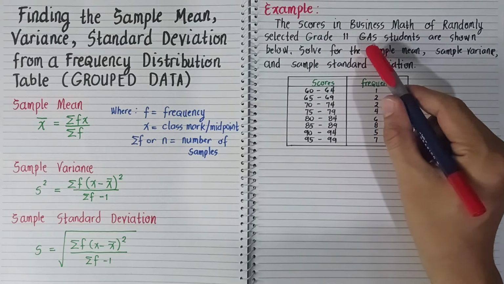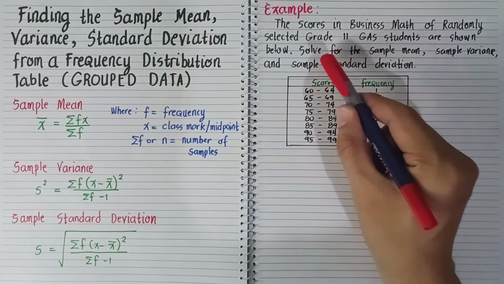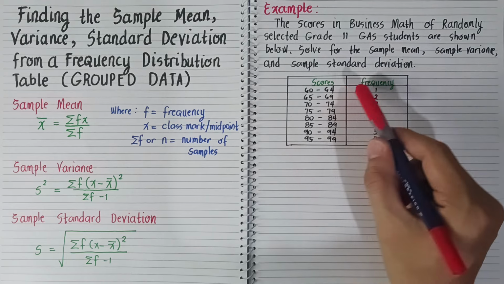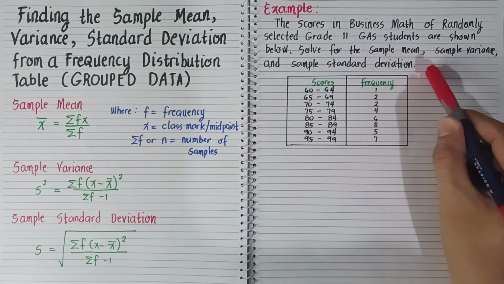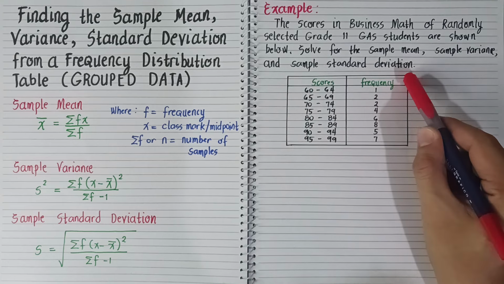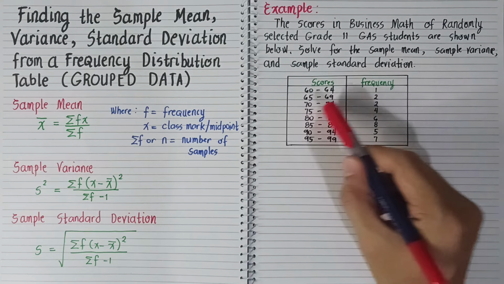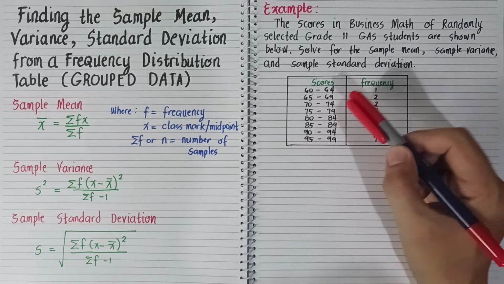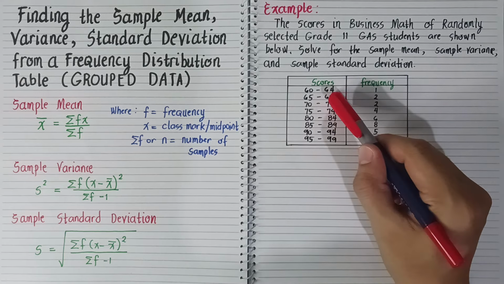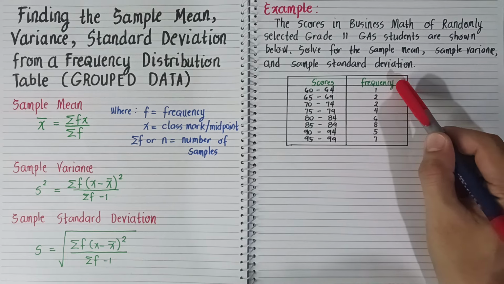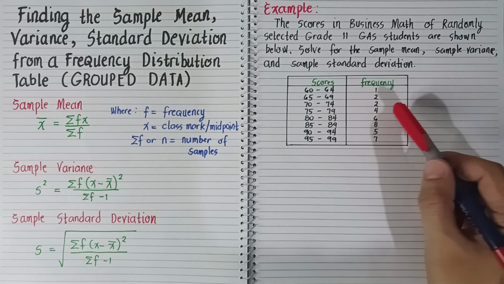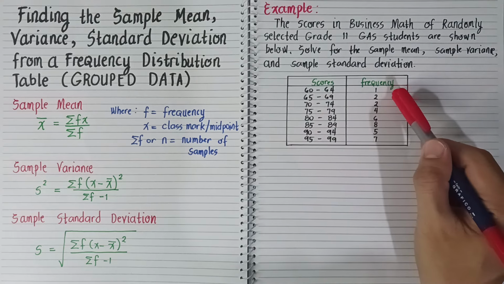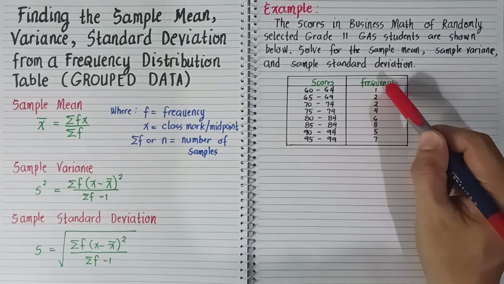The scores in business math of randomly selected Grade 11 GAS students are shown below. Solve the sample mean, sample variance, and sample standard deviation. So we have scores and frequency. Dito, we have scores na nag-range sa 60 to 64, and the corresponding frequency is 1, meaning ang estudyante doon ay nakakuha ng 1.